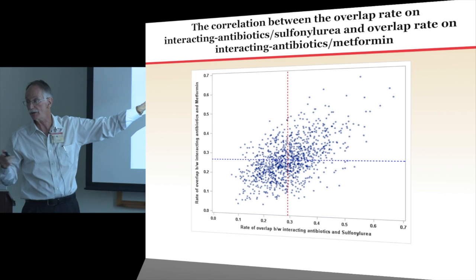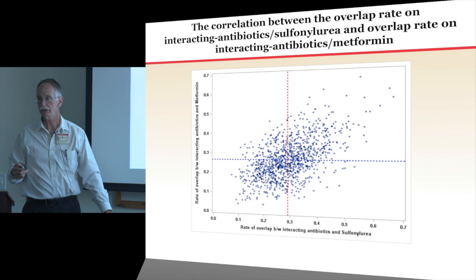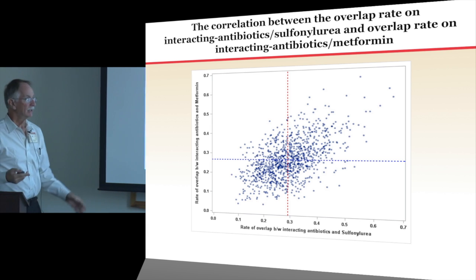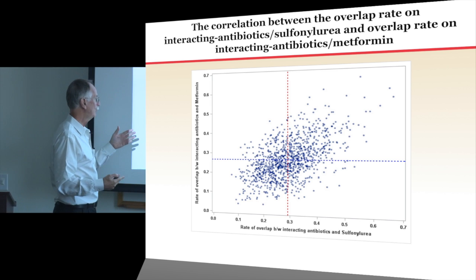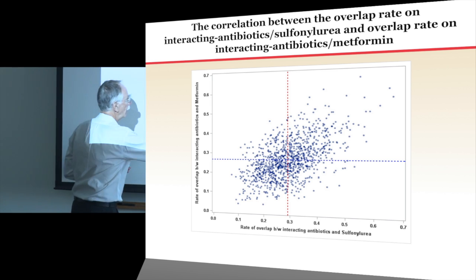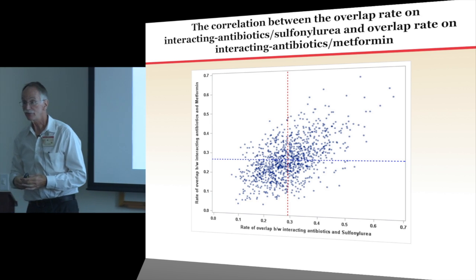But whatever that rate was, it would be lower for people on sulfonylureas. So you would expect a change in slope. You would expect people to be lower on this scale and higher on this scale, stuff like that.